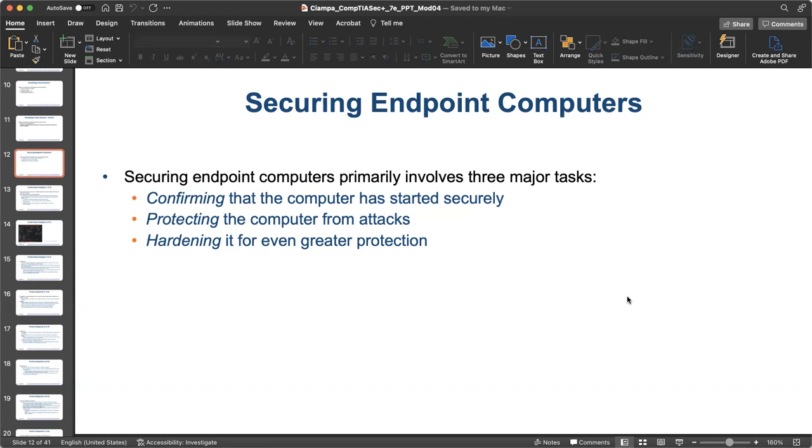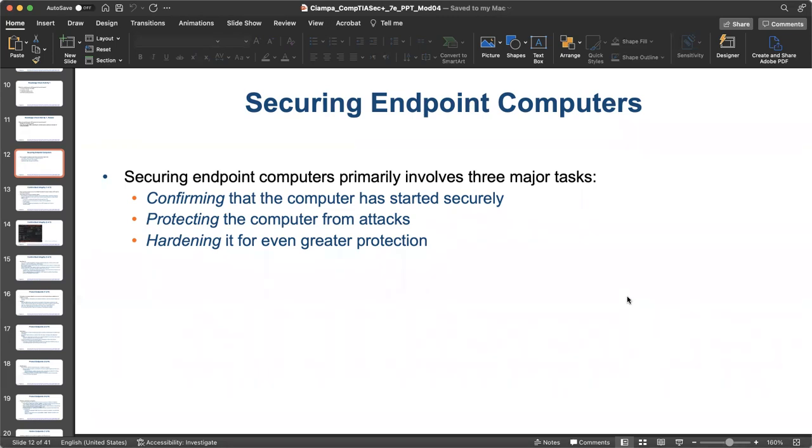While all endpoints must be protected from attacks, endpoint desktop and laptop computers must be secured because they are connected to corporate networks and the industrial data that actually runs the infrastructure of the country.